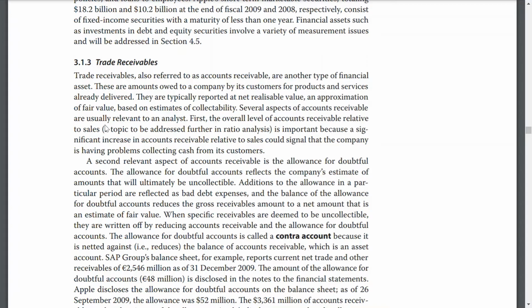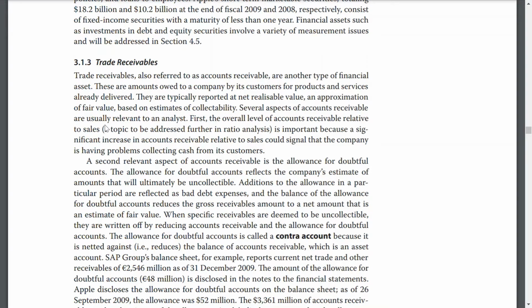The allowance for doubtful accounts reflects the company's estimates of amounts that will ultimately be uncollectible, in addition to the allowance in the particular period, reflected as bad debt expense. And the balance of the allowance for doubtful accounts reduces the gross receivable amount to the net amount that is an estimate of fair value.